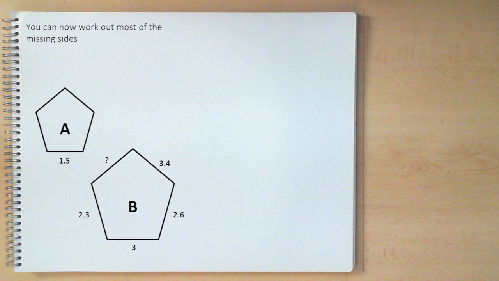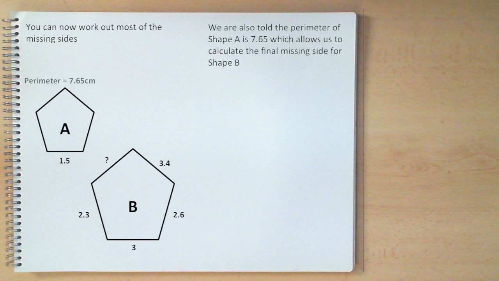So we now want to find that missing side on B, and if we knew the perimeter of B, we'd be able to work that out by subtraction. So we know the perimeter from A is 7.65 centimeters. We know the scale factor is 2.